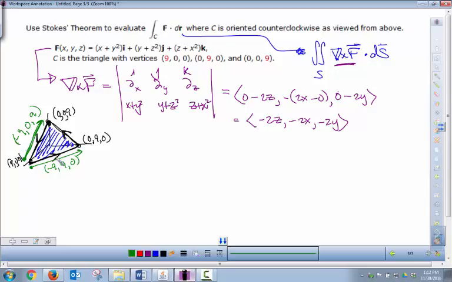I want my orientation. Which way should we have our orientation going for the surface? Do we want it going up? Coming out, right? Coming towards you. So I would cross the first one with the second one.